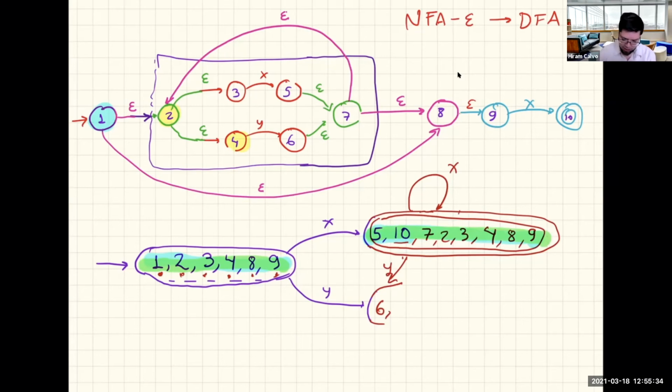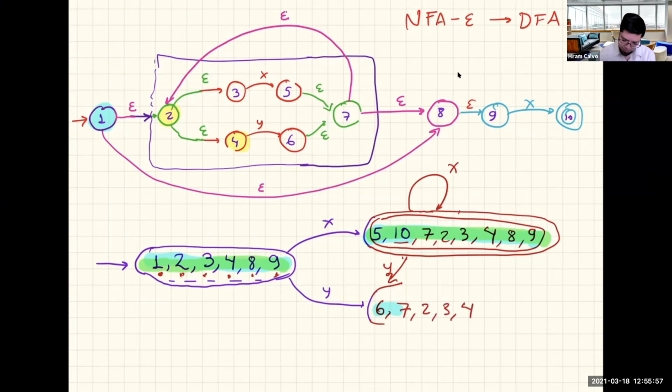We will check this one. 6. We need to check first the expansion of 6 and examine all states that 6 takes to by following an epsilon arc. So 6 will lead us to 7. 7 will lead us in turn to 2 and 3 and 4. So let's add it. 2, 3, and 4.